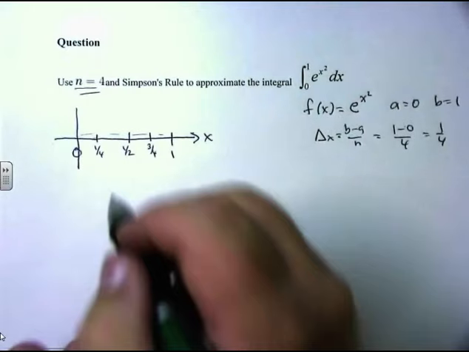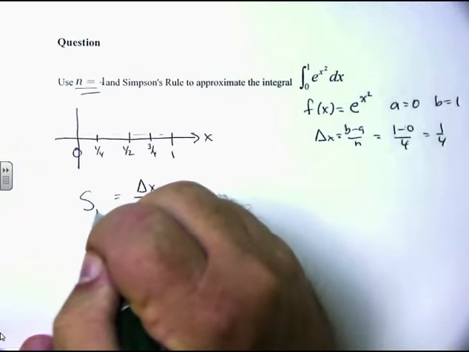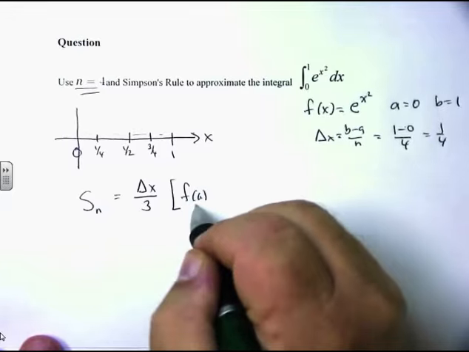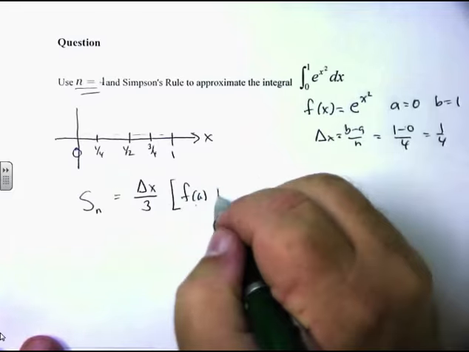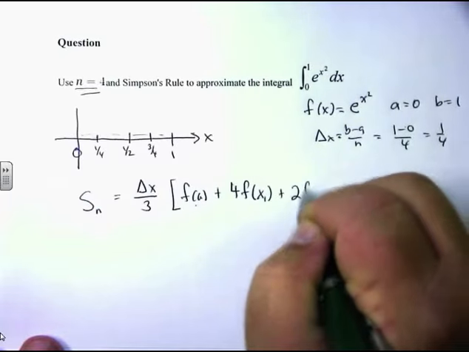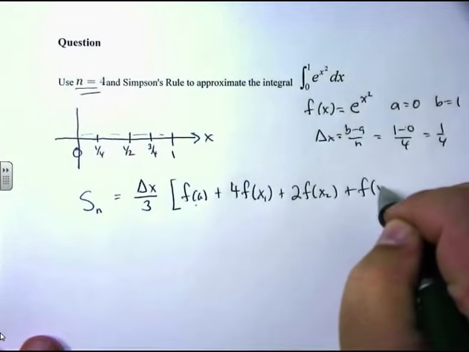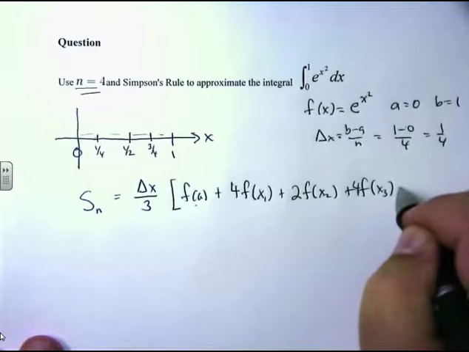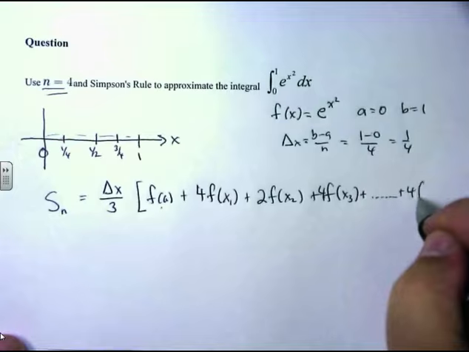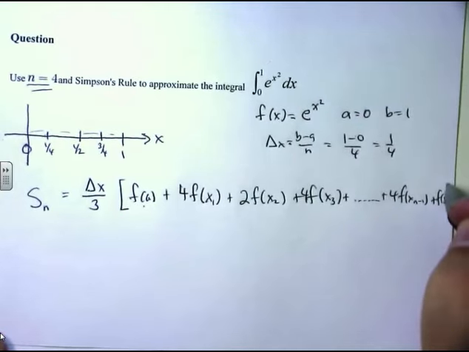Again, for Simpson's rule, the formula is delta x divided by 3 times f of a, so you start out with your endpoint f of a, plus 4 times your first internal point, x1, plus 2 times your next internal point, plus 4 times your next internal point, plus 2, 4, 2, and you end up on a 4 times your last internal point just before your endpoint.